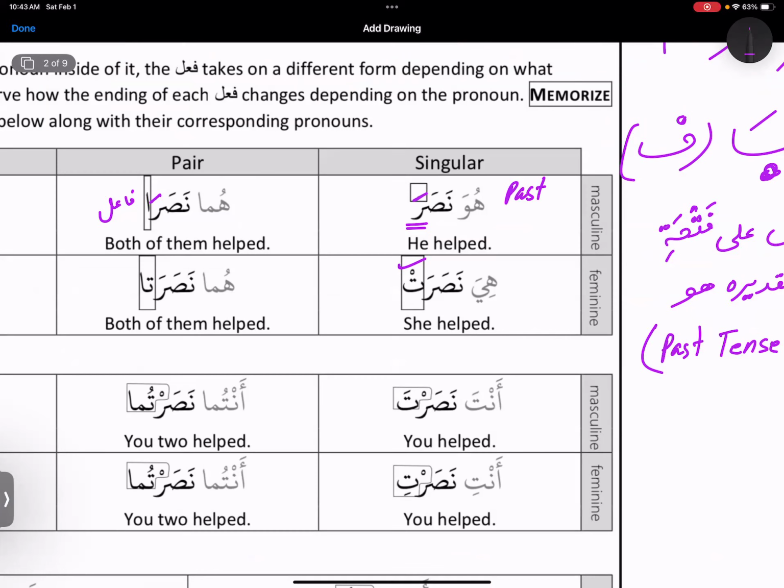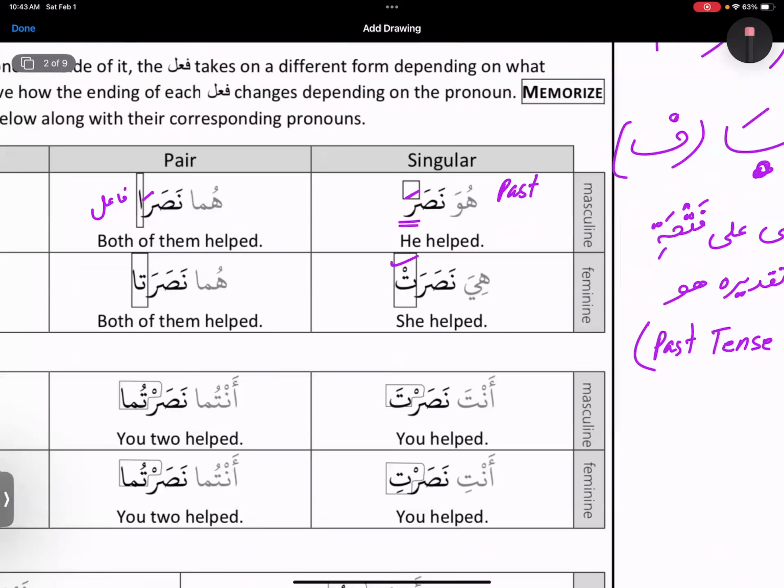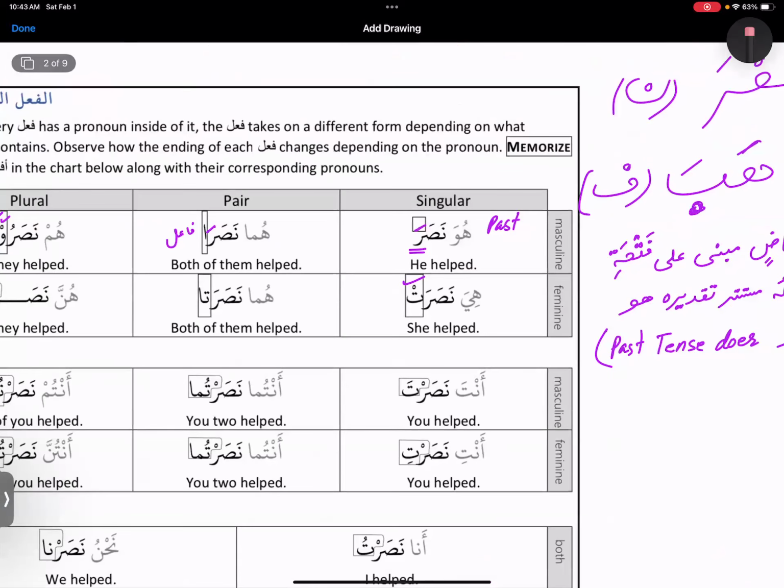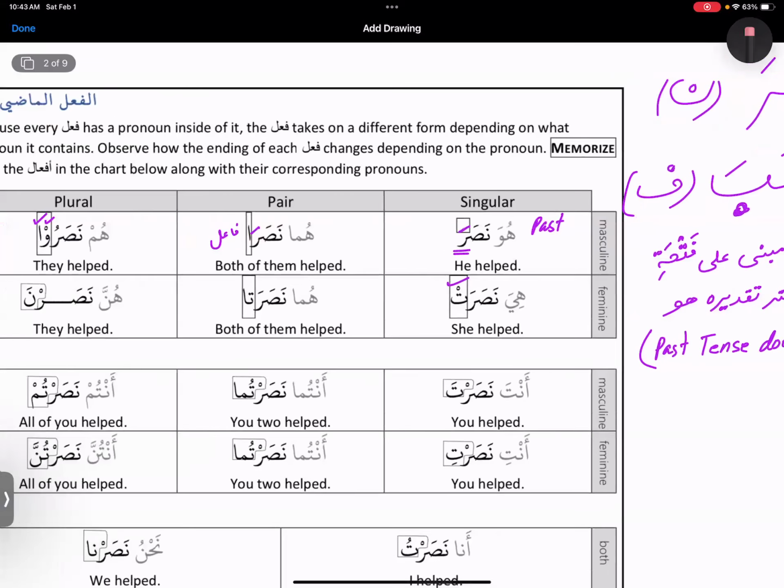This ta is the sign of ta' ta'nith, feminine. It is telling me this is female, and still we call the fa'il mustatir over here. Taqdiruhu hiya.